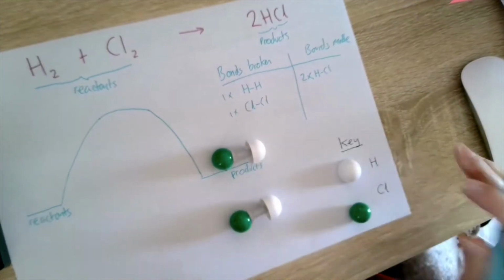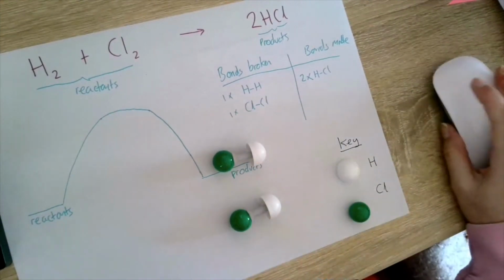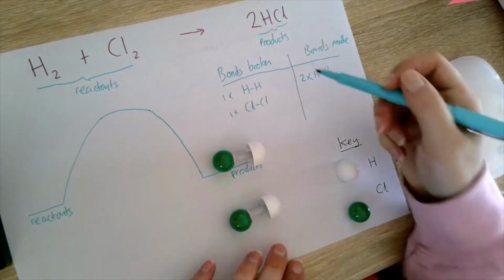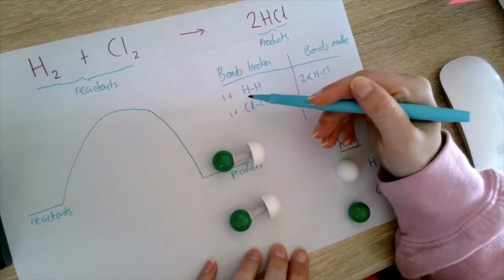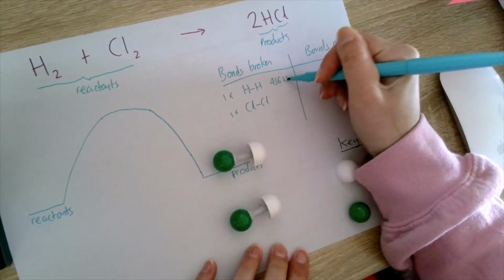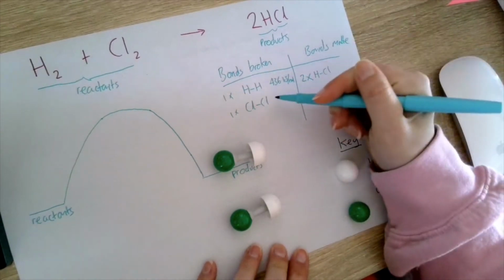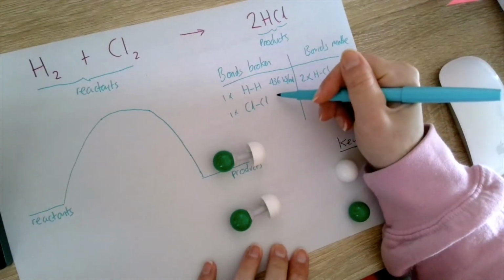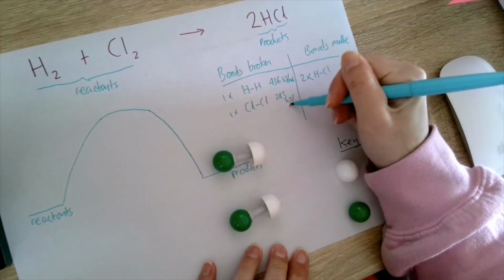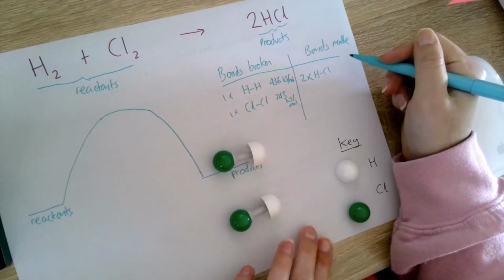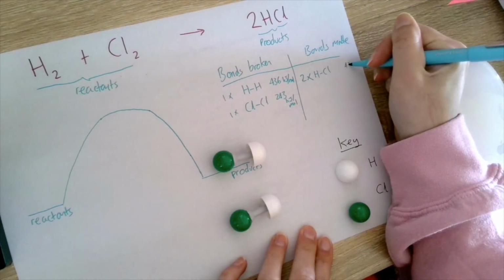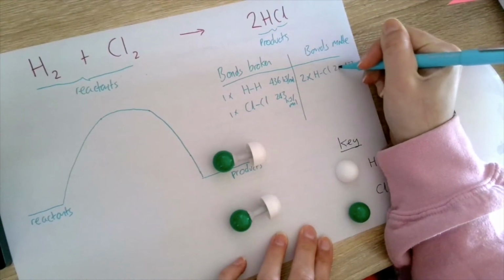So now we can refer to data, which I've got on my computer screen, that you will have had with your question. So the bond energy for HH is 436 kilojoules per mole, and the ClCl is 243 kilojoules per mole, and our HCl is 432, but we're doing 2 lots of that.